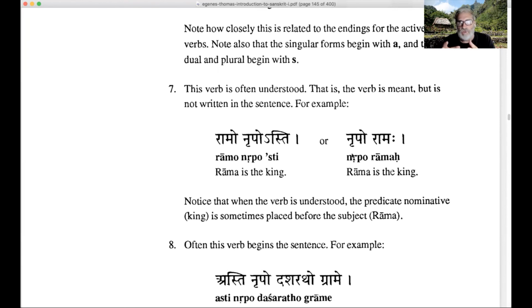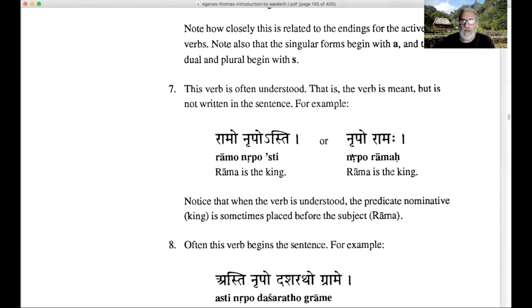The example he's going to give here is those two words, ramaha and nripaha, in apposition, in the same case and the same number. Without the verb, the verb to be is automatically understood to be there. The verb is meant, but it's not written in the sentence. Here's the full sentence: ramo nripo'sti, which we break by undoing the sandhis.